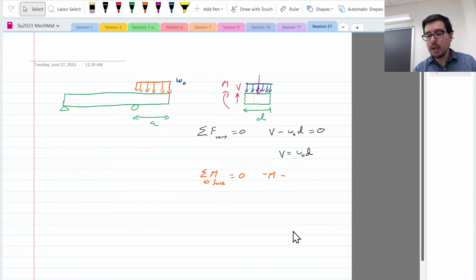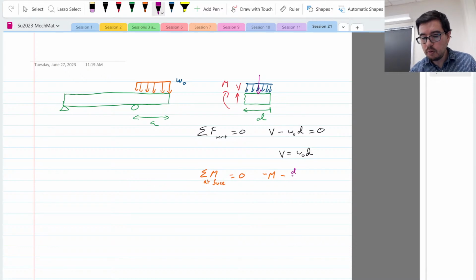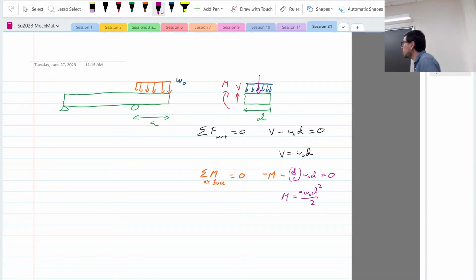So it's going to be acting at D over 2, and it's going to have a magnitude of W naught D. So when we do this all out, M is just going to be equal to that. Does that make sense?